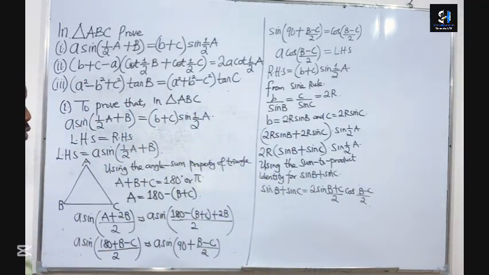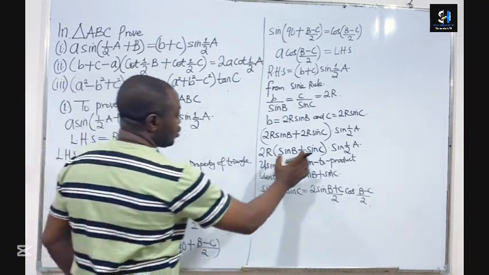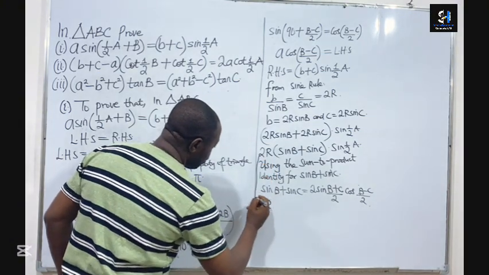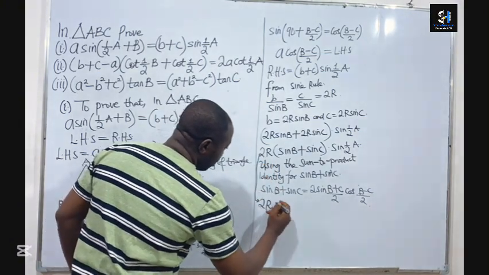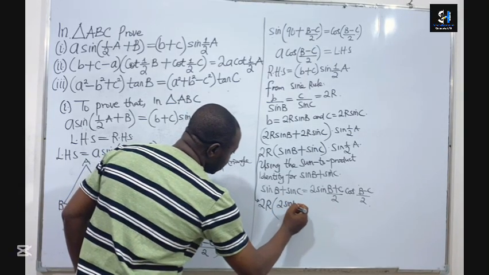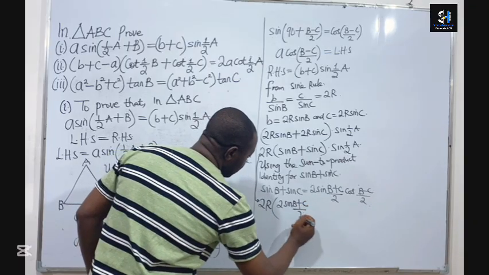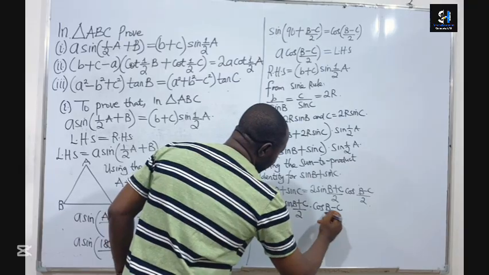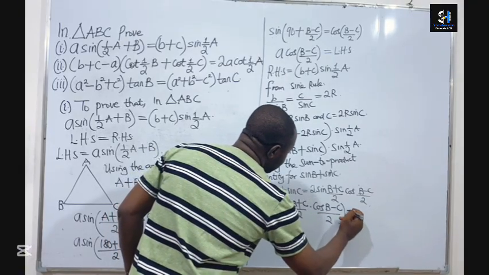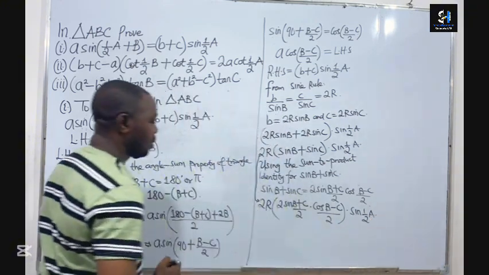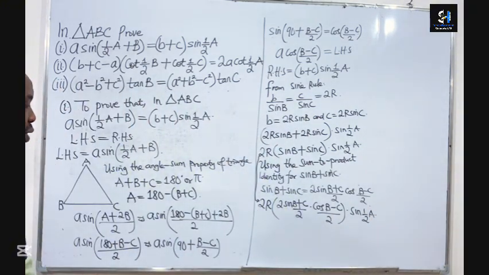That's the sum to product identity for sine B plus sine C. All right, so it means that this will be 2R multiplied by 2 sine of (B plus C) over 2, then cos of (B minus C) over 2, then multiplied by sine 1/2 of A.